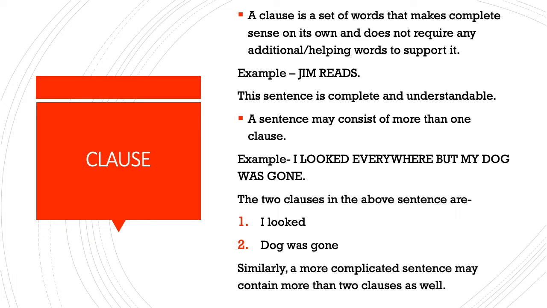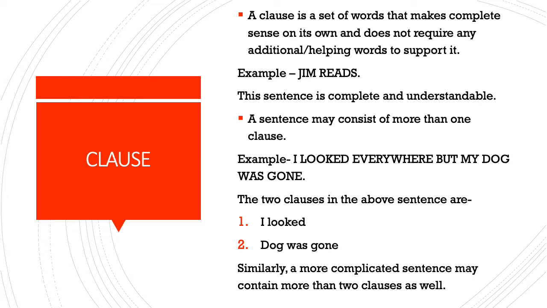So the clauses are all groups of words which are complete in themselves and do not require any additional helping words to complete them. Now, a sentence may consist of more than one clause, right? Let us see the example. I looked everywhere but my dog was gone.